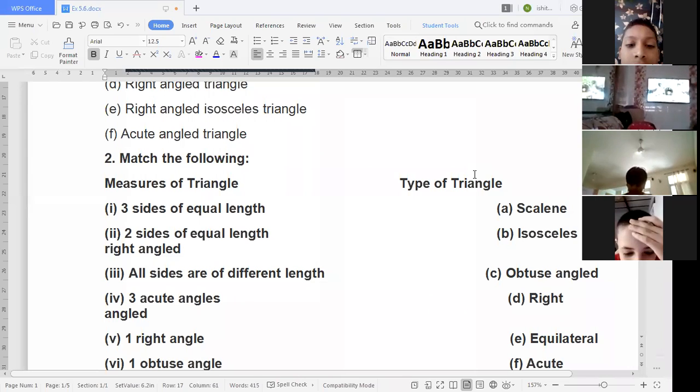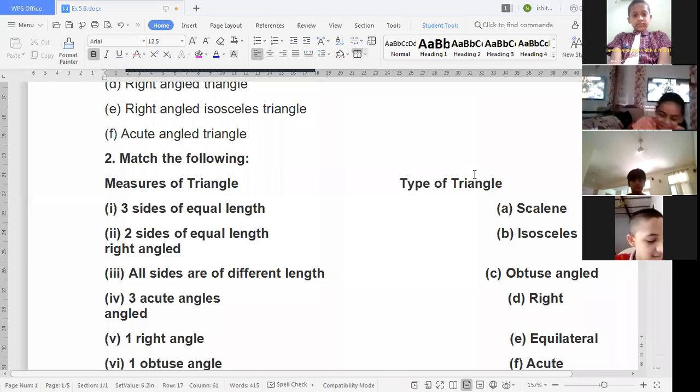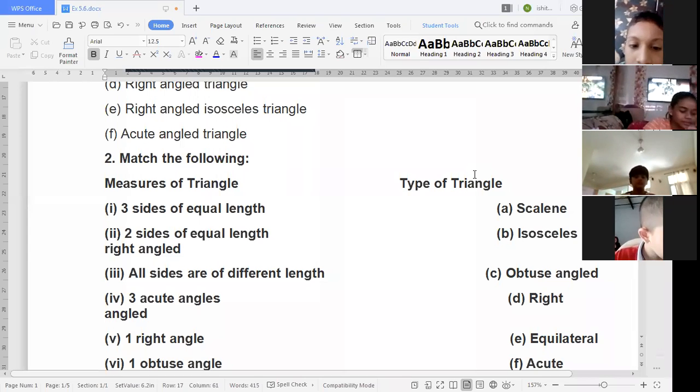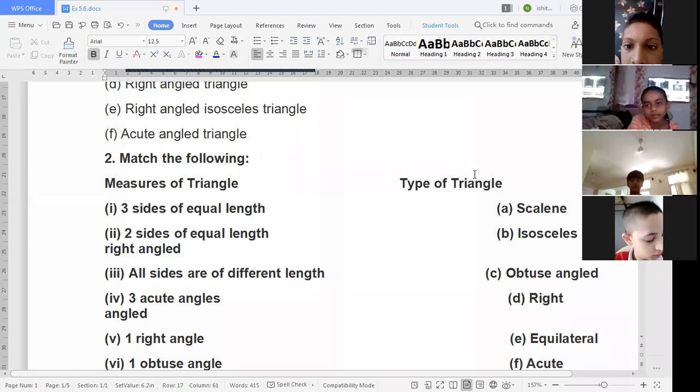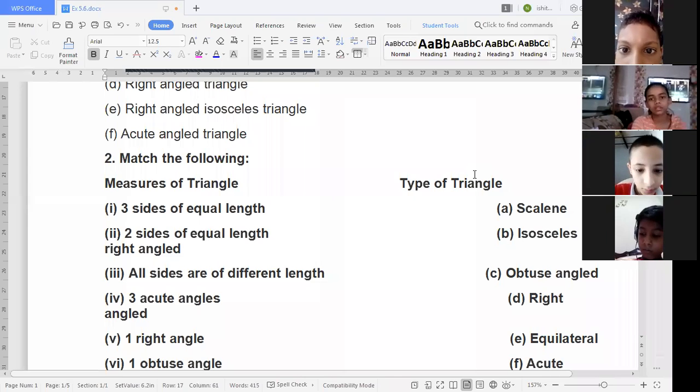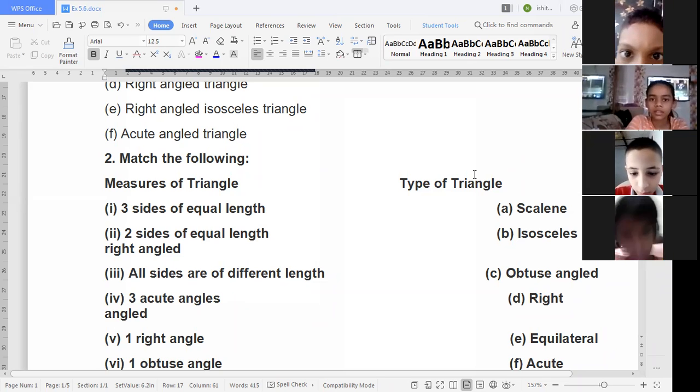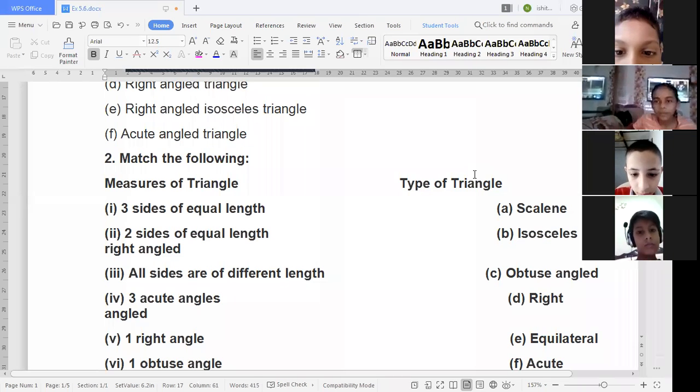Arush, I told you to write down the answer. One right angle. Yes, right angle, beta. So it is a right angle triangle. How can it be acute if it is a right angle? So one right angle is equal to right angled triangle.